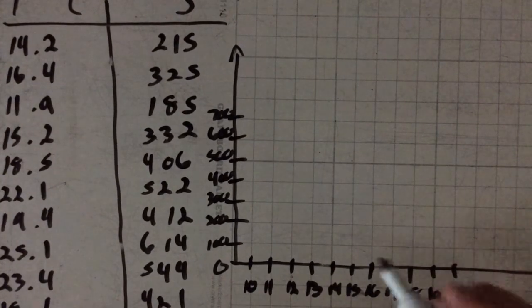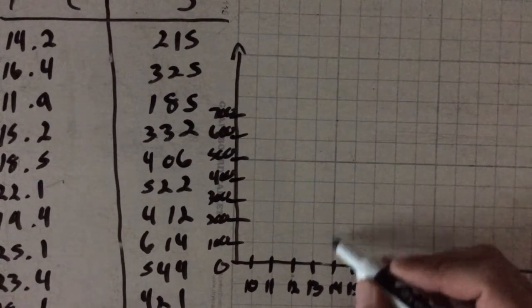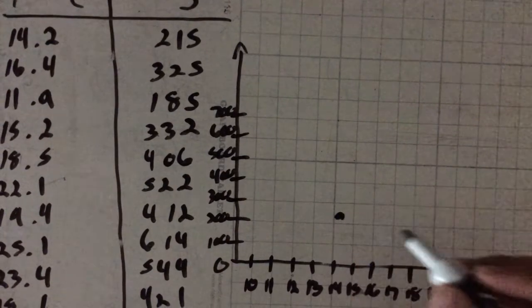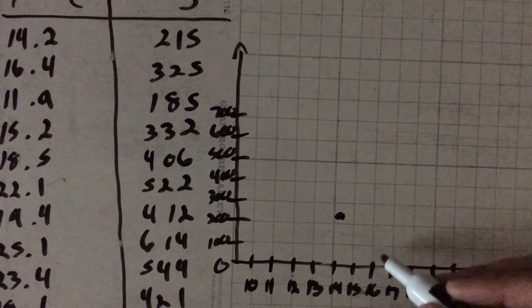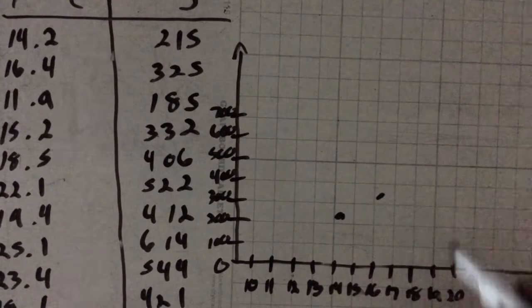So I'm going to find 14.2, which is going to be somewhere around here, and that's at 215. So 14.2 goes with 215, 16.4 with 325. And again, these probably aren't perfect, y'all.